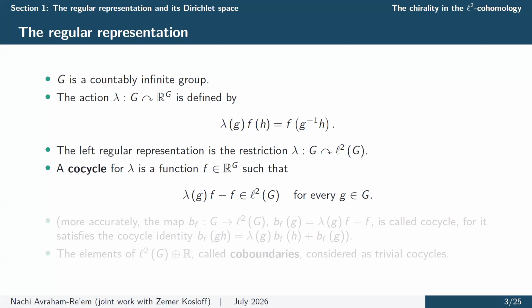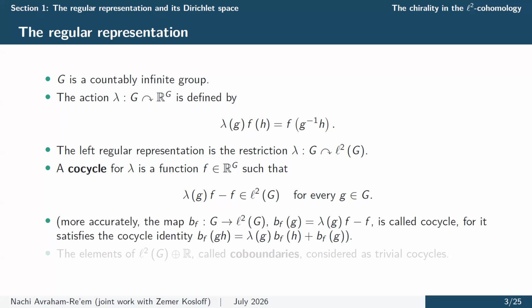In this talk, I will refer by cocycle to a function in R to the G, some function from G to R, such that if I translate this function from the left by some element g in G and compare it to the original function, then this difference is a function in L2, square summable. So f itself is potentially not square summable, but somehow the translation of f by some element g compared to the original function f, this difference is square summable.